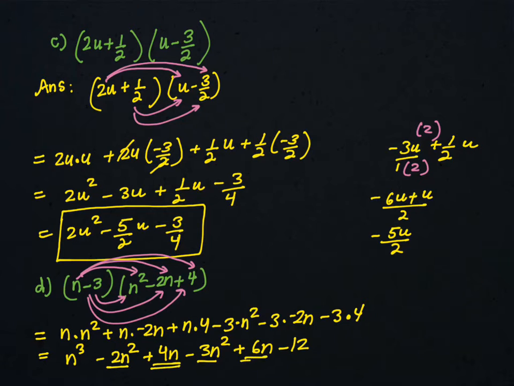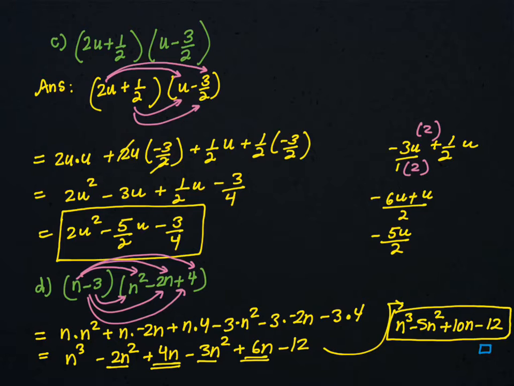And now it's going to be combining like terms. n cubed, 5n squared, 10n minus 2. We'll do some more practice. Just a little bit more practice here.